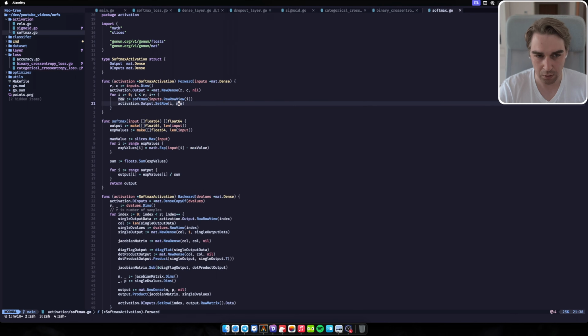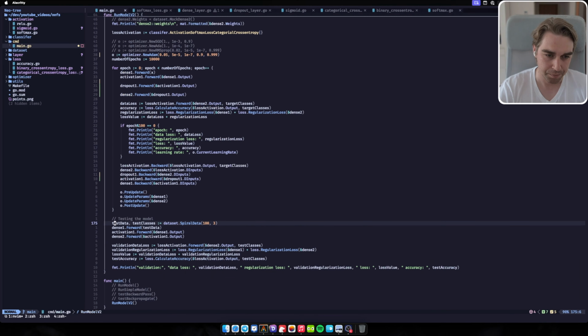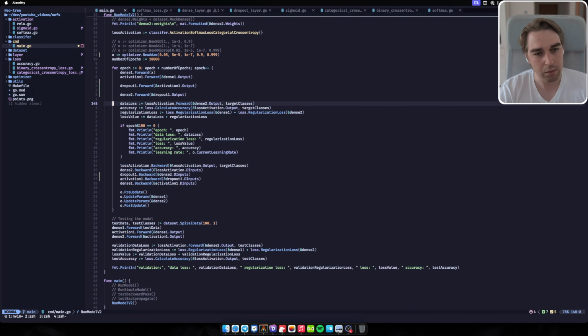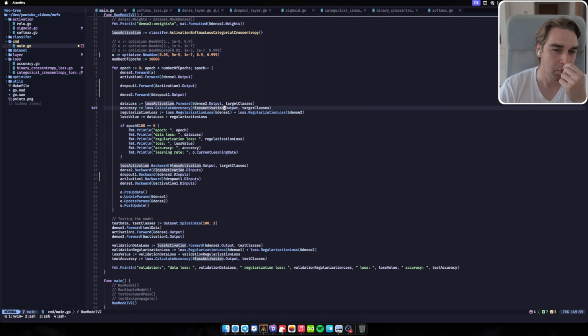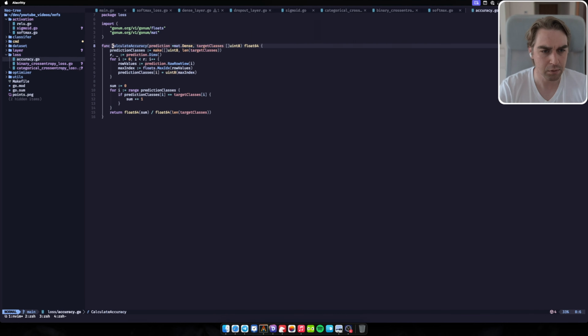I need to remember what the input is, and we go and take the output right here, calculating accuracy, but the loss activation function returns the probabilities of the... I'm still trying to remember if it's a two-dimensional or one-dimensional array.